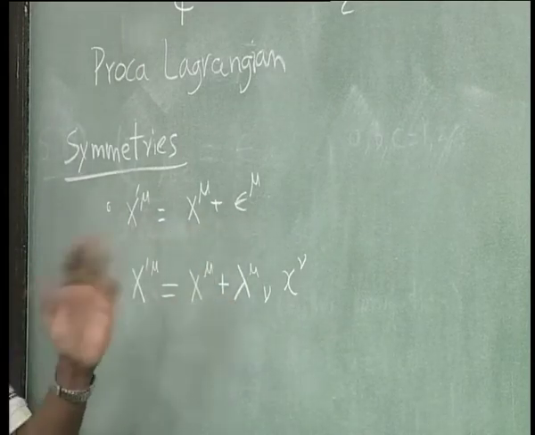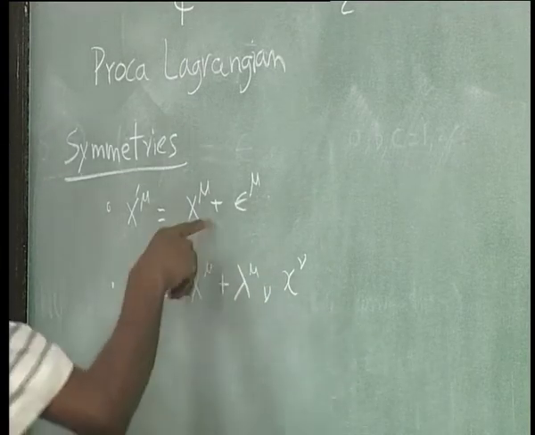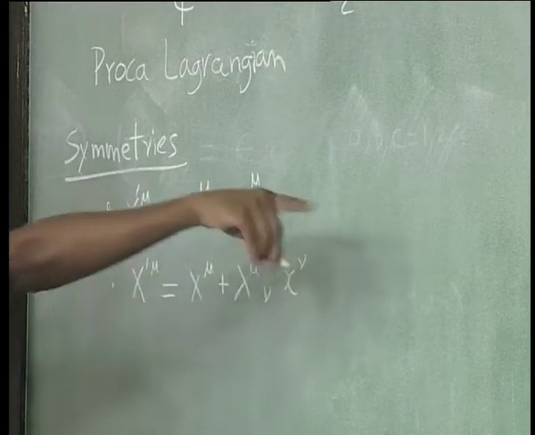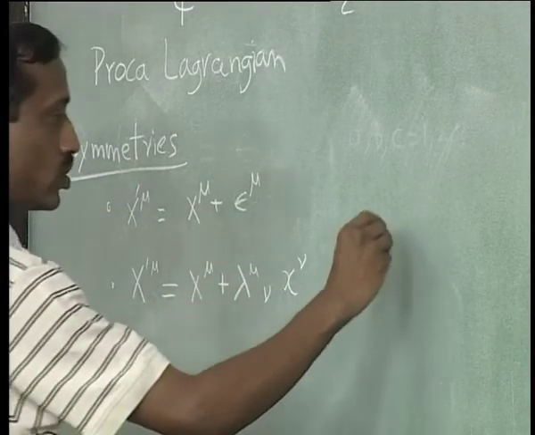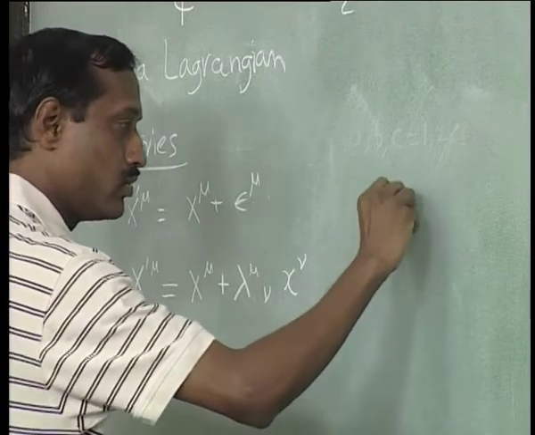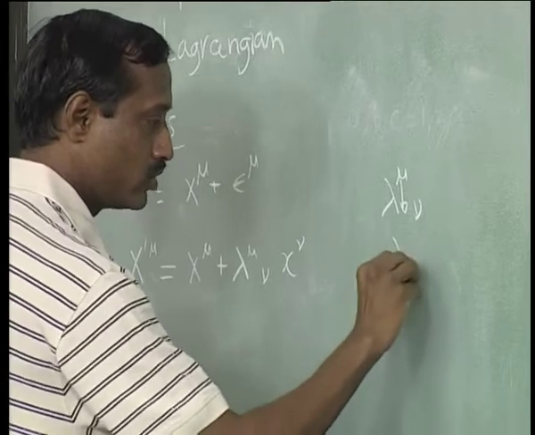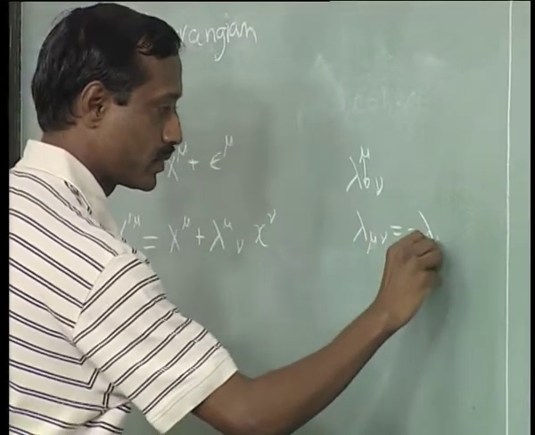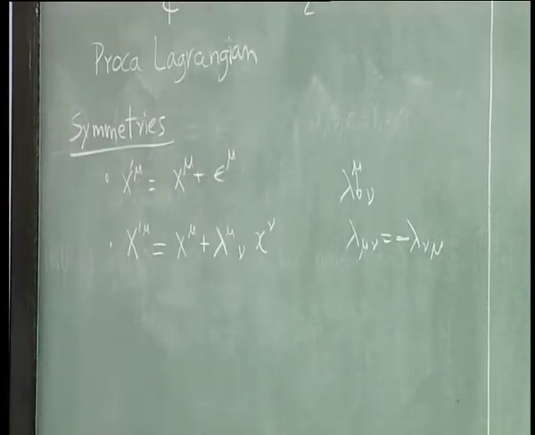So epsilon and lambda are supposed to be first order parameters, and so for here there might be no higher order terms, but in this case there will be more terms. And we also saw that this lambda mu nu, if you lower the index, is antisymmetric. We have already seen this.